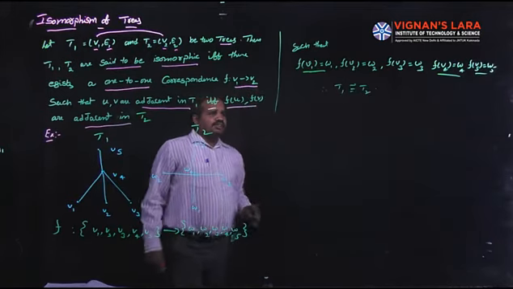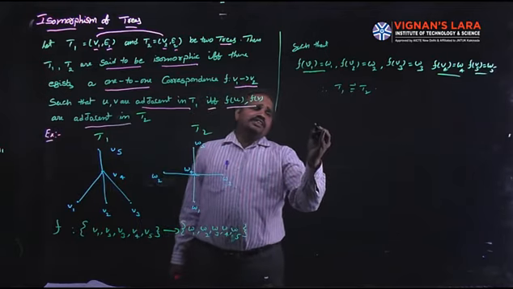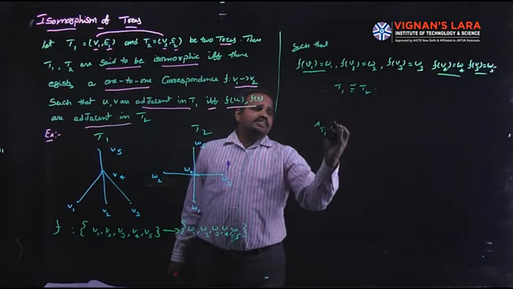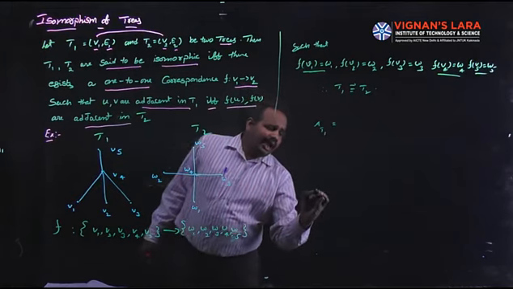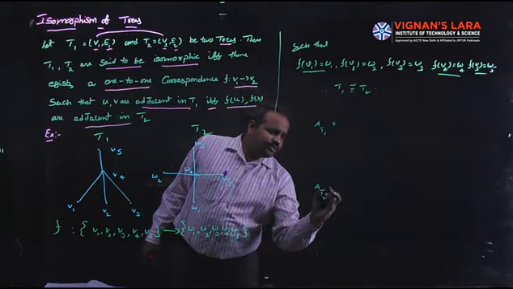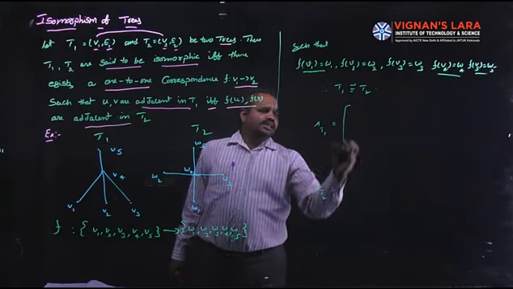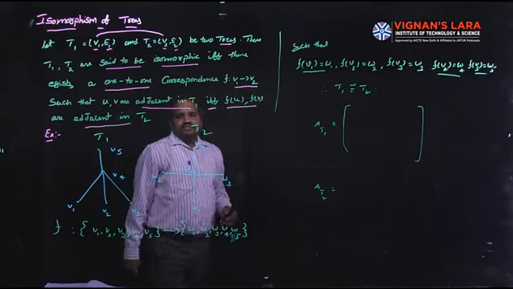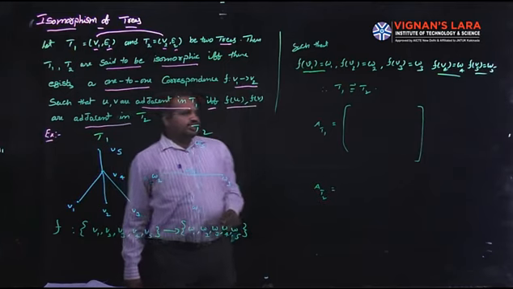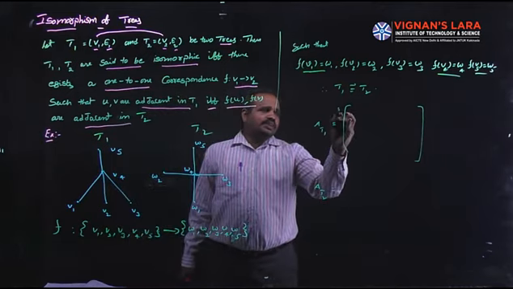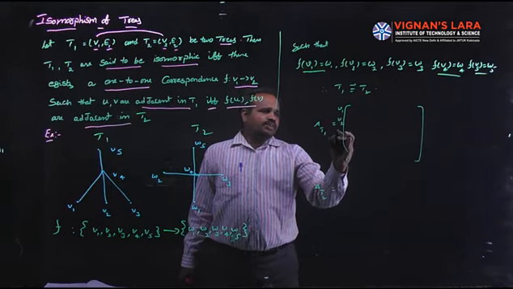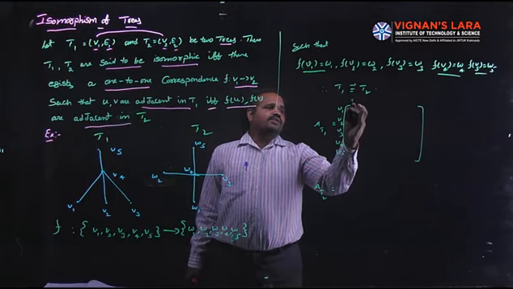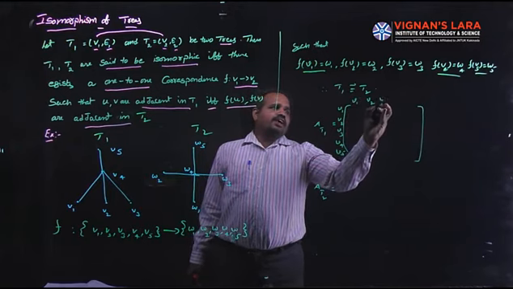Coming to the other way, by using adjacency matrices corresponding to the graphs, the adjacency matrix of T1 and the adjacency matrix of T2, we evaluate these two. If these two are the same, then our graphs are isomorphic. The number of vertices is 5, so the adjacency matrix requires a 5 by 5 matrix.